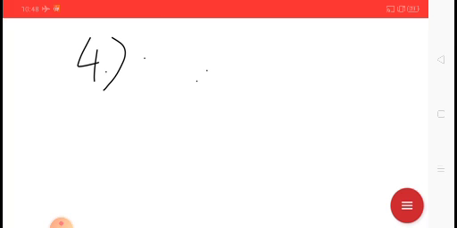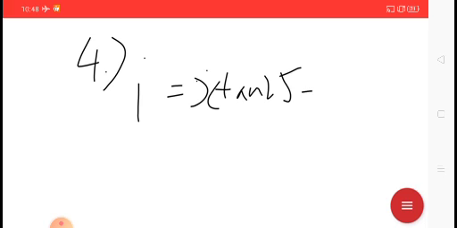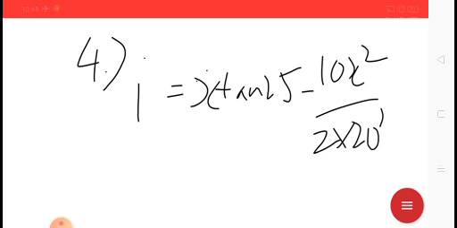So the difference in displacement will be 1 meter. So you may directly put it inside the trajectory equation, x tangent 25. This one is projected upwards. So put everything inside: 10x square over 2 times 20 square, then secant square 25.